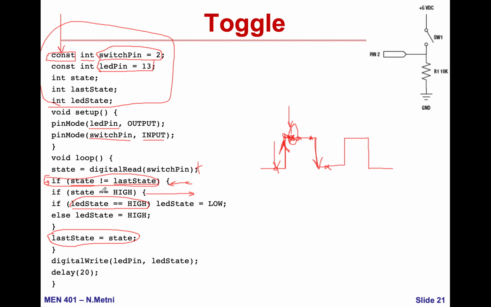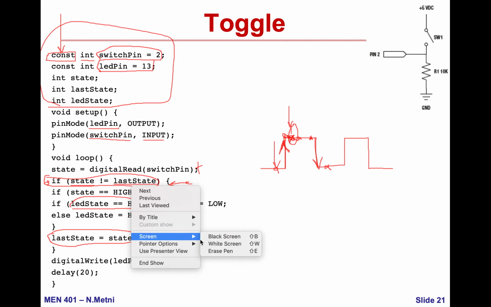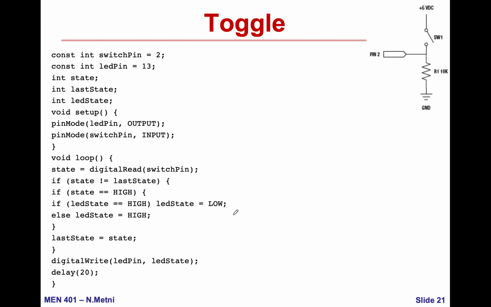If I have detected a rising edge here, I am saying if my LED was high, set it to low.